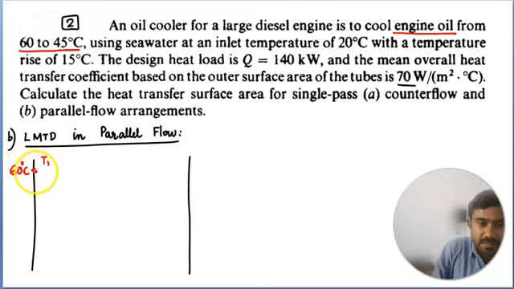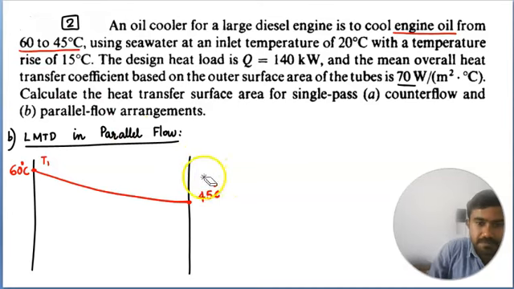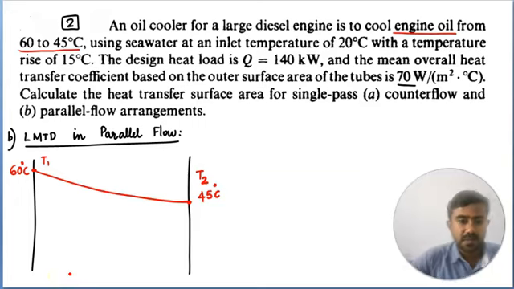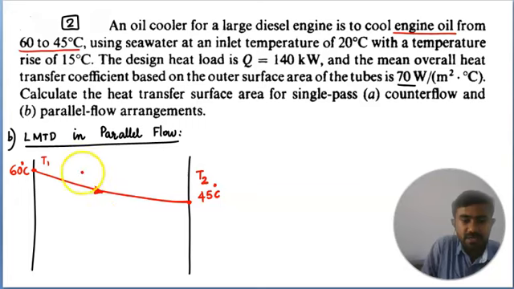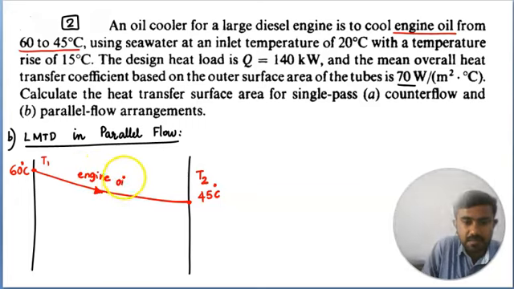This is T1 and its temperature decreases to 45 degrees Celsius. This is T2. Now, let me mark the direction of the fluid. This is engine oil. This is the hot fluid.